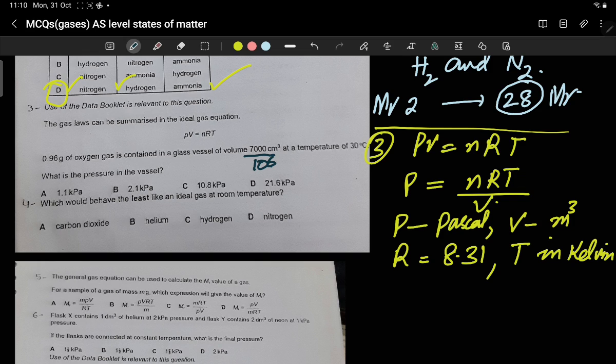Temperature is 30 degrees centigrade; to convert it into Kelvin, 30 plus 273, which is 303 Kelvin, and this is the mass.